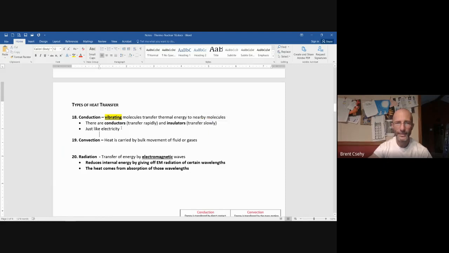In fact, just like electricity, electrical conductors are typically really good thermal conductors. So copper is great. That's why some of you may have copper bottom pots and pans. Conducts heat really, really well. And of course, we all know it does electricity really, really well.